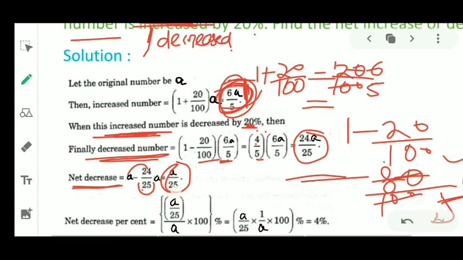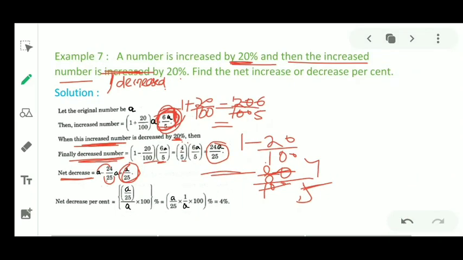So a by 25. That is the decreased value. Now lastly we have to find the decreased percent. Okay. So what is decreased percent? As per the formula, decreased percentage is decreased value by original value into 100.